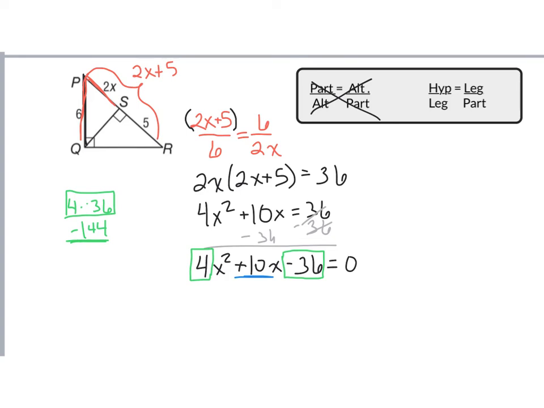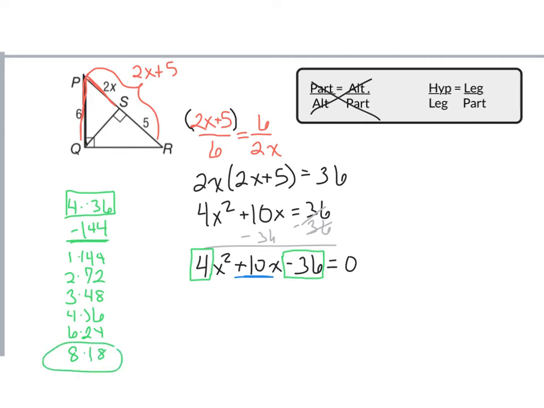Let's see, 1 times 144, 2 times 72, 3 times 48, 4 times 36, 6 times 24, 8 times 18. Oh, look, 8 and 18, they're 10 apart.